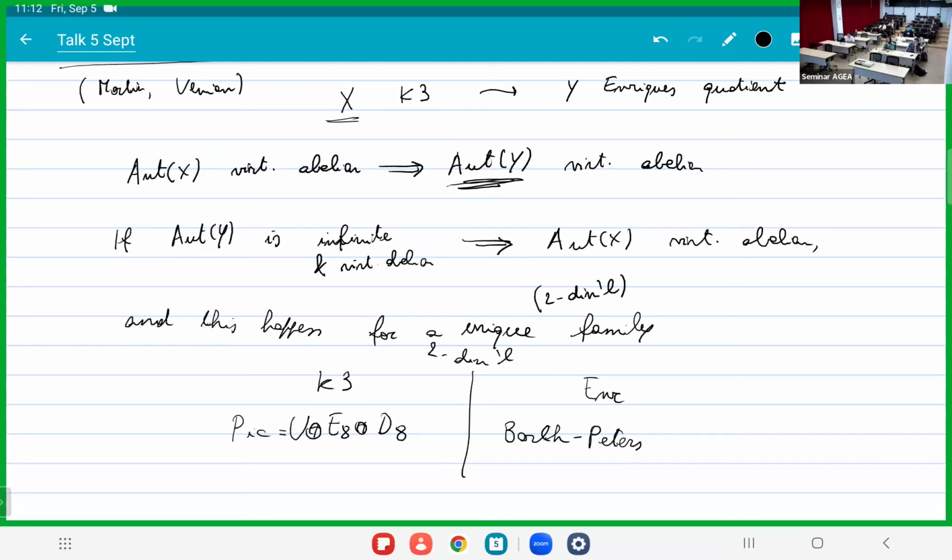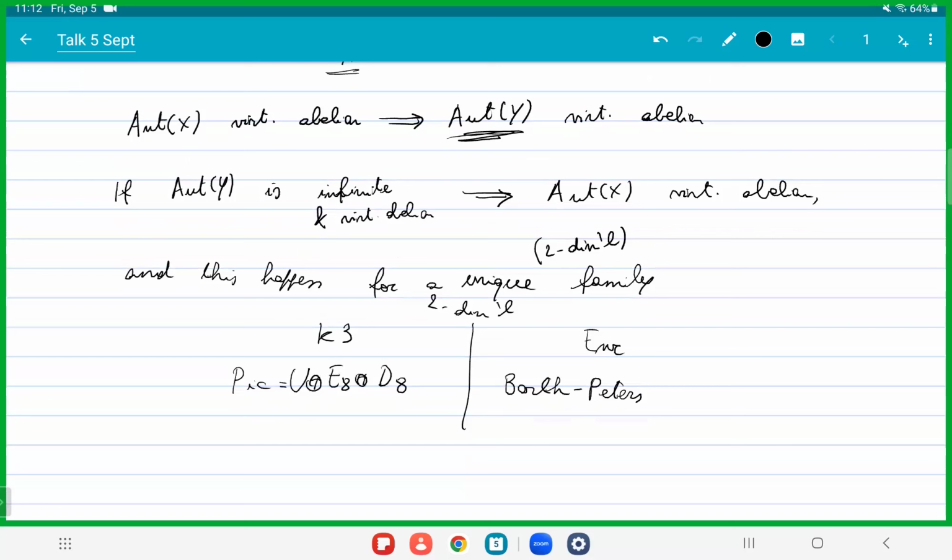Right. I think there is a paper by Alice Garbagnati and maybe other people on K3 surfaces and Enriques surfaces. Is that right, or is it different? Yeah, one can say a lot about these surfaces.